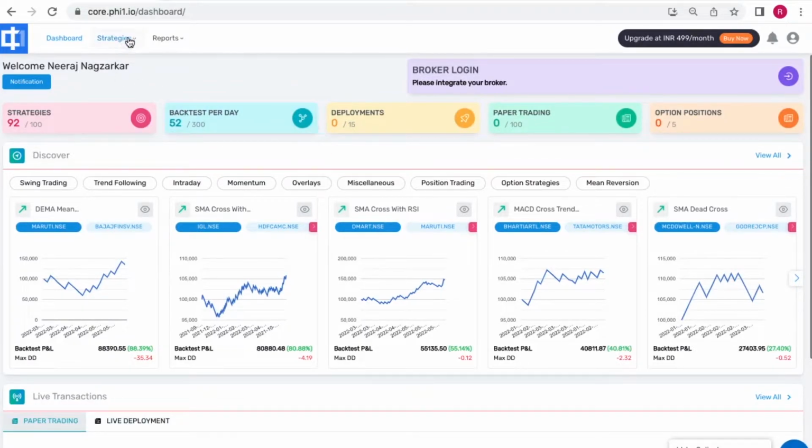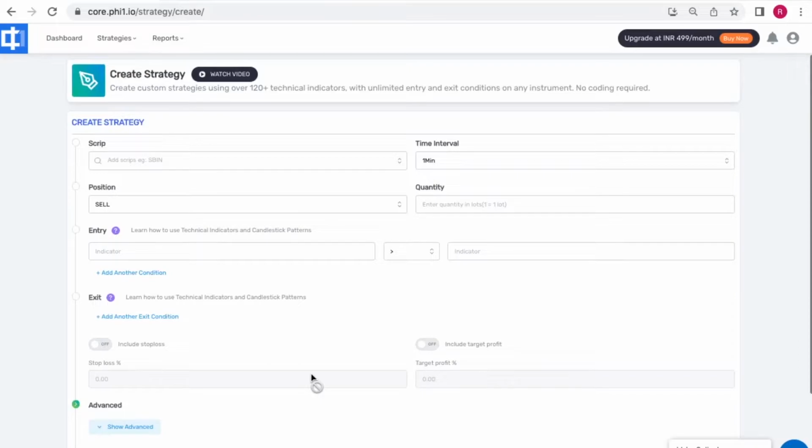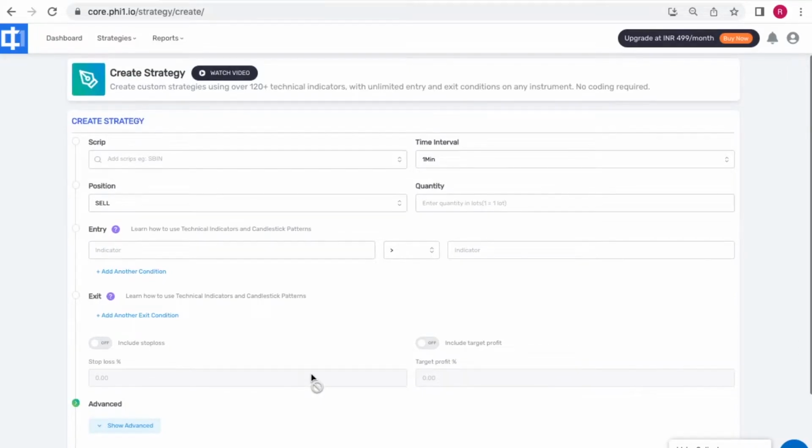Log on to Phi 1 Core, go to Strategies and select Create Strategy. You are free to enter any parameters, unlimited entry and exit conditions, and over 120 indicators and create any arbitrary strategy without the knowledge of coding. All you need to do is start by adding some scripts.